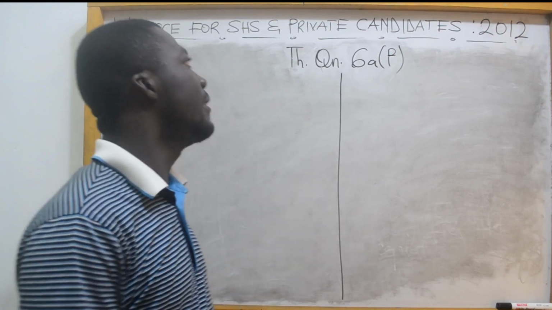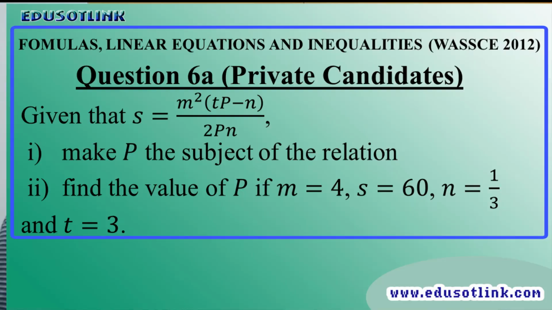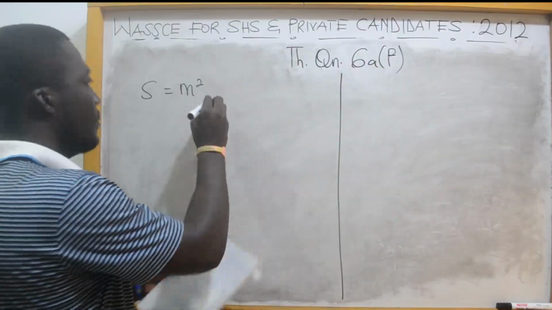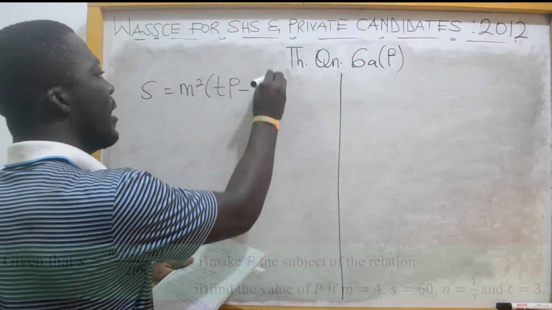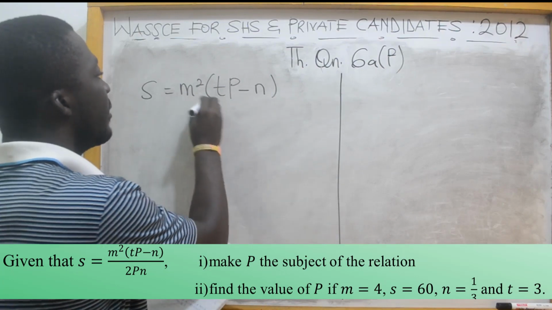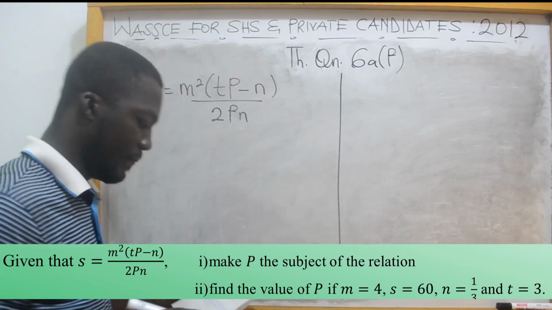Theory question 6A for private candidates. It states: given that S is equal to m squared (tp minus n) divided by 2pn.